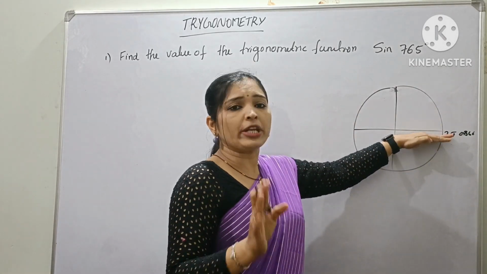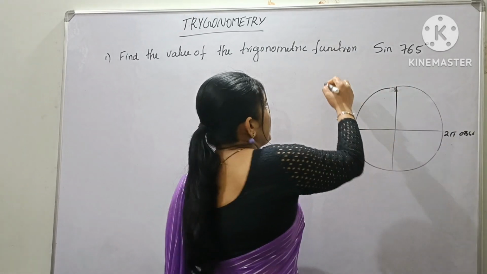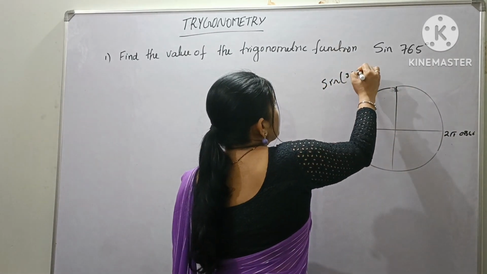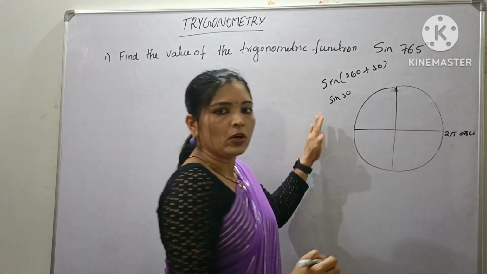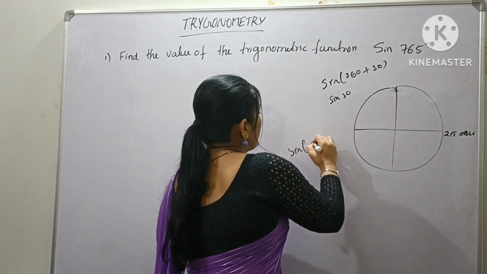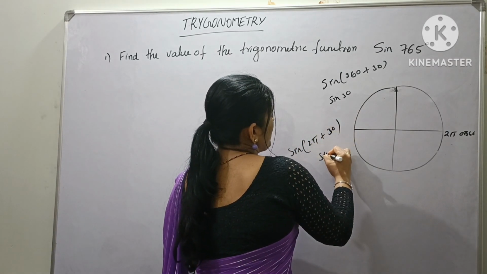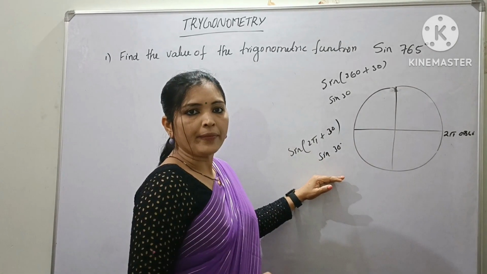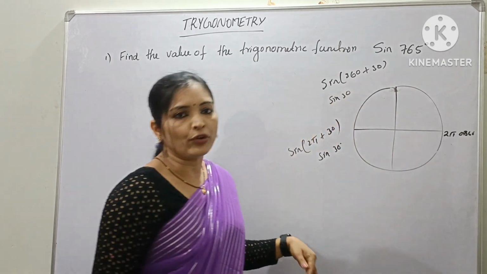After an interval of 360 degree, the value of sine is repeating. That is sine 360 plus 30, that is nothing but sine 30. Or we can write sine 2 pi plus 30, that is nothing but sine 30. Or sine 360 plus 45, that is equal to sine 45.